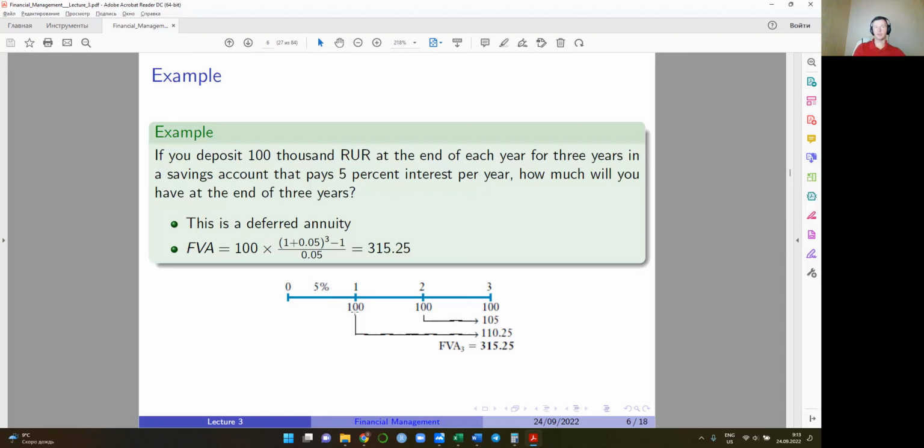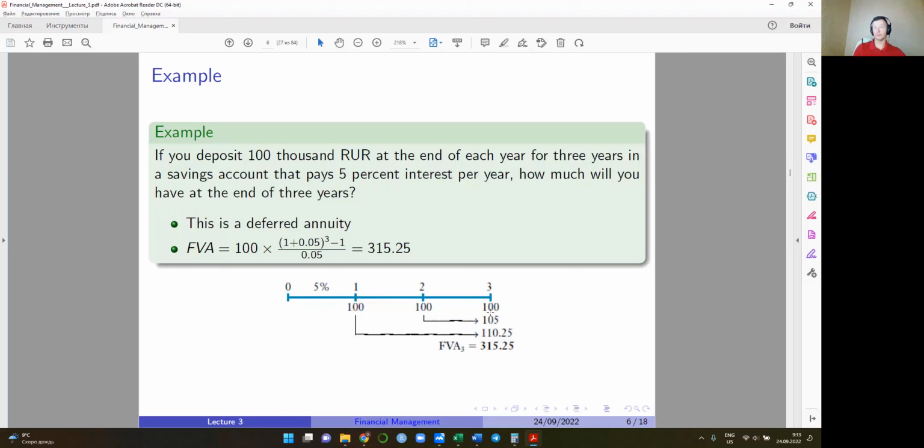This is your result. In principle, you might have calculated the same result using the same approach as we had in the previous lecture. Here we compute separately the future value of the first payment, the future value of the second payment, and then the future value of the third payment, which is the same as the payment itself. Together we have 315.